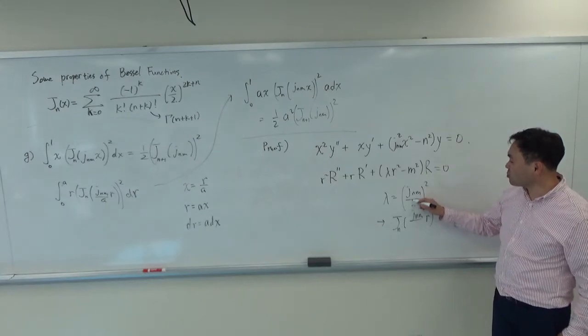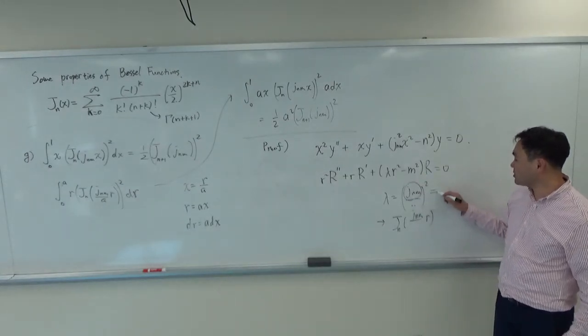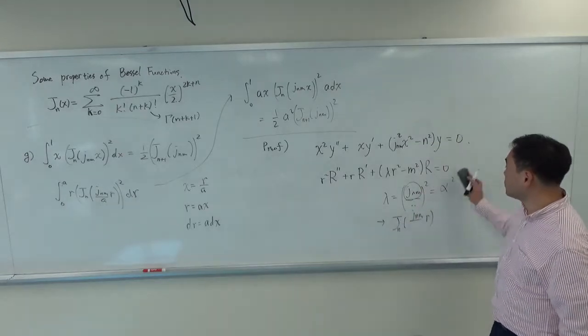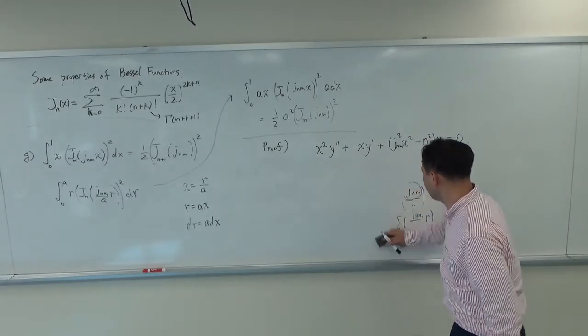Let's just, for a moment, rewrite j_nm as alpha. Okay? So what we want to prove is the following.